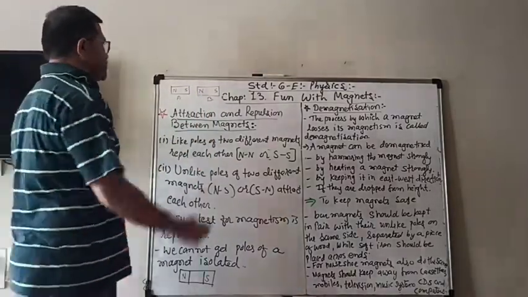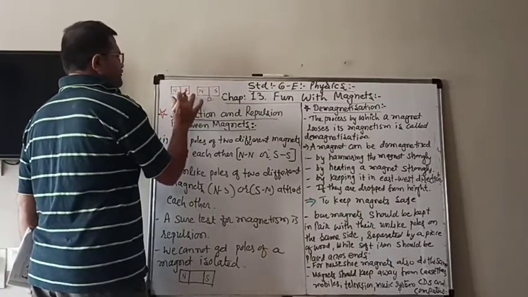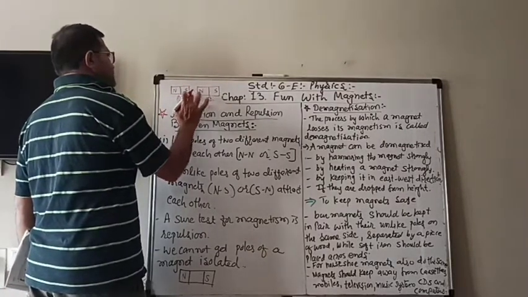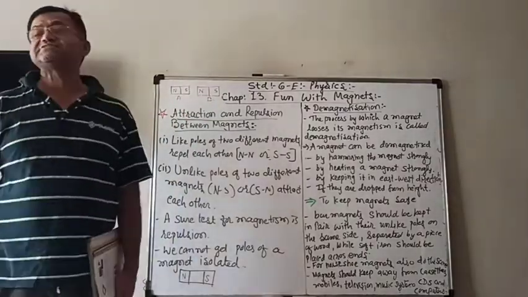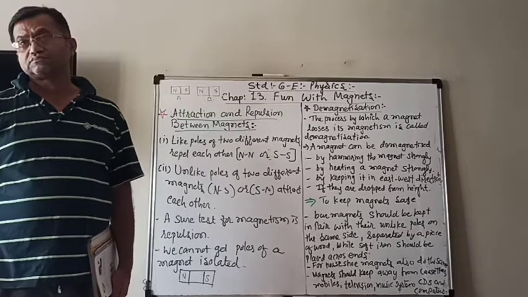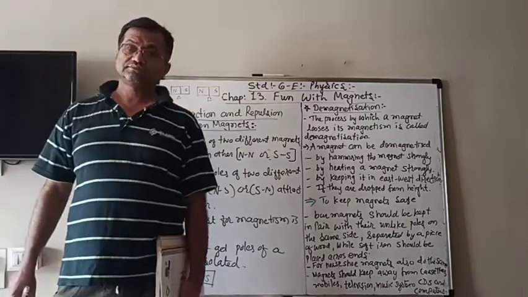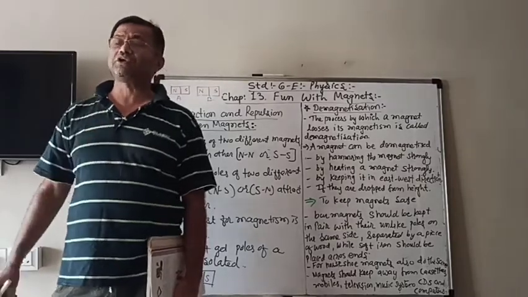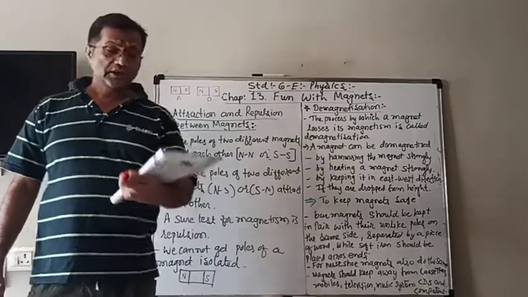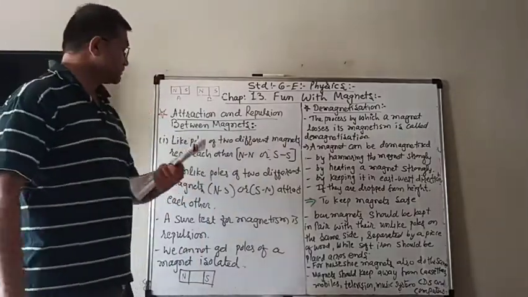Now here you can see that the south pole of the first car is coming near to the north pole of the second car. And you have to note whatever is going on. So you have to write down the conclusion.